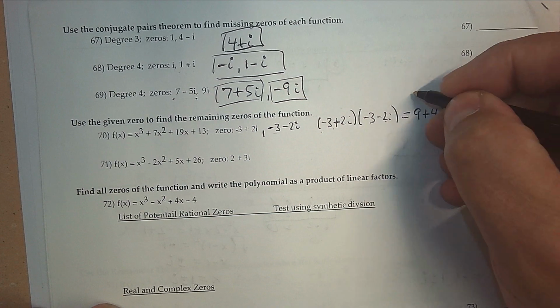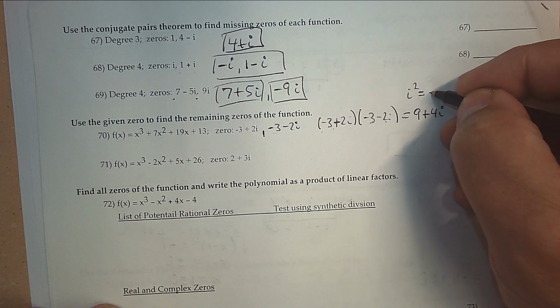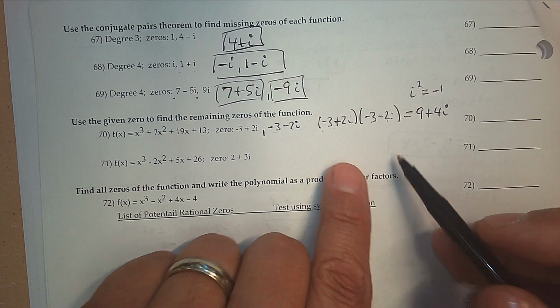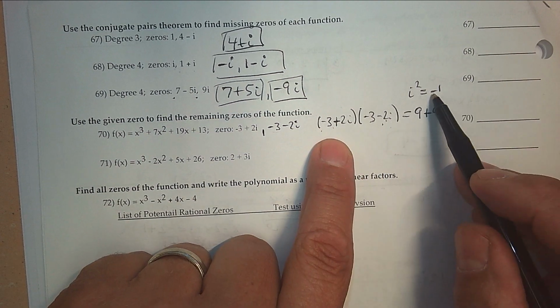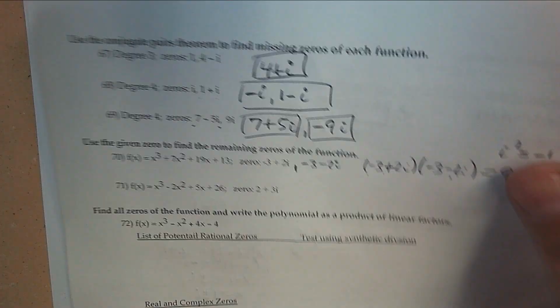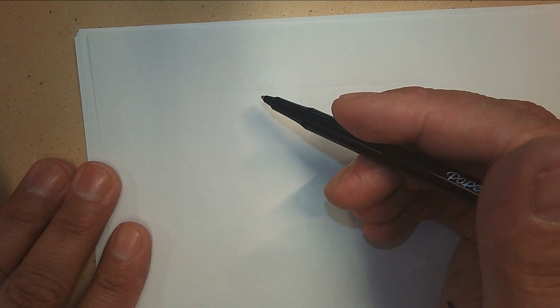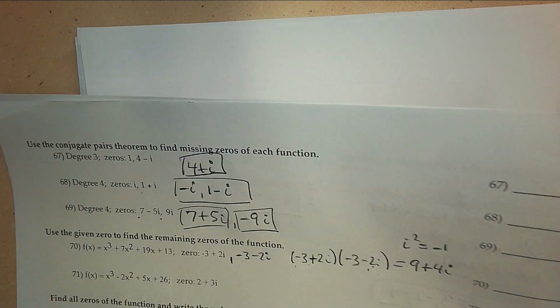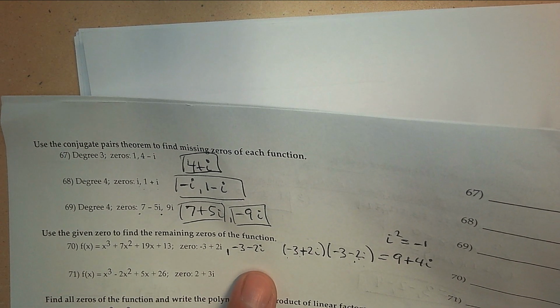So be aware that i squared equals negative 1. So when I have negative 4i squared, the negative 1 makes it a plus 4i. All right, I'm going to do this on another piece of paper, sorry. Oh, what did I do wrong? Let's try it again on a totally different piece of paper.